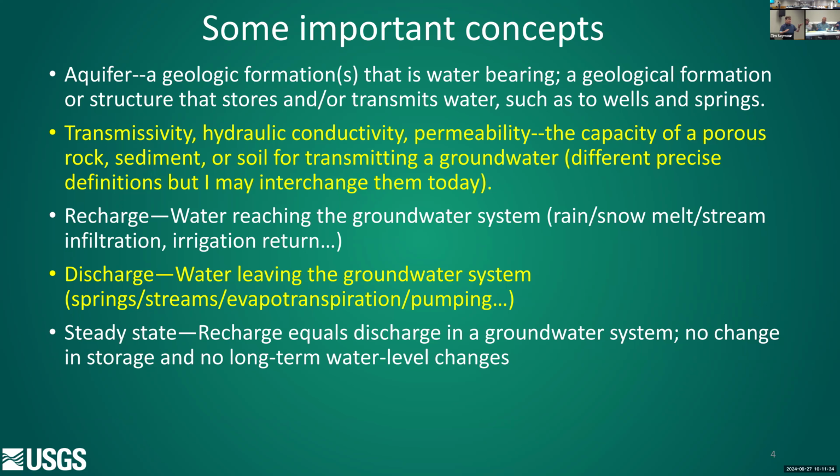And if you have a condition where you start taking more water out than is coming in, you're going to see water levels drop, maybe until it reaches a new steady state condition at some other level. So if I use steady state, that's kind of what I'm referring to. It's the condition before any human influences on the system, maybe before anybody moved here and pumped water out. The system was at a steady state, water going in balanced against the water leaving the system.